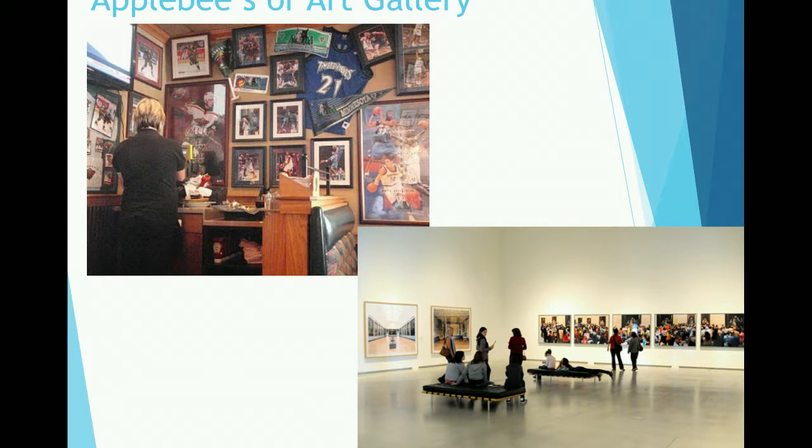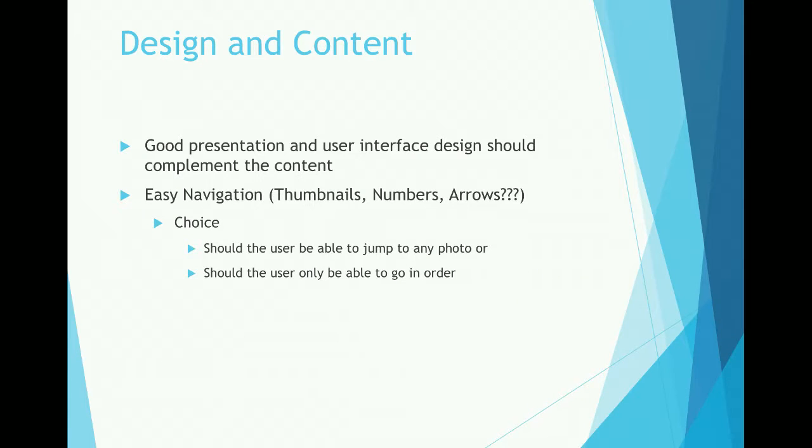But we still have to make good design decisions. So first, we want to make sure that we give a great presentation, and the user interface does not get in the way of the content. We want the user interface to complement the content. So do you use dots or do you use arrows? Do you use numbers? Do you use thumbnail navigation? Each one of these is a little bit different and has a different way and choice. And it's not that there's a right or a wrong choice.